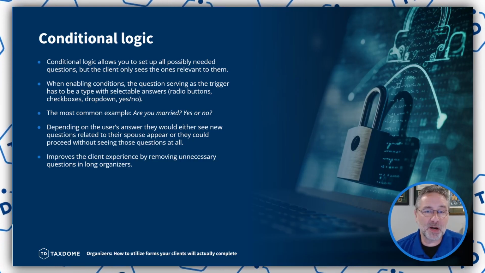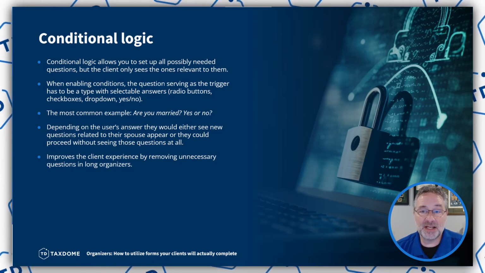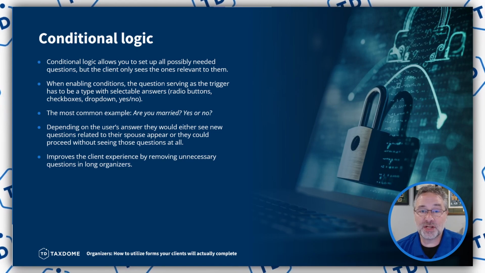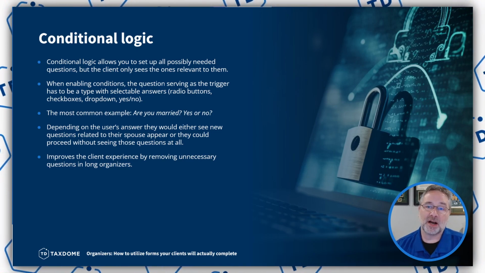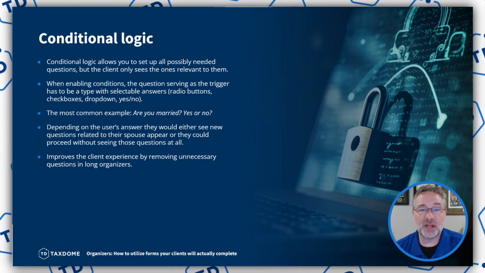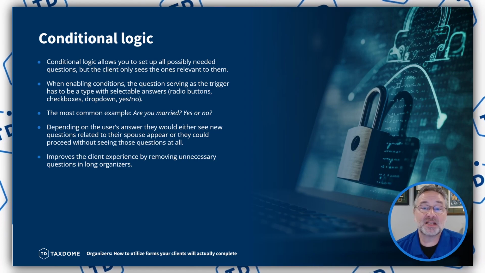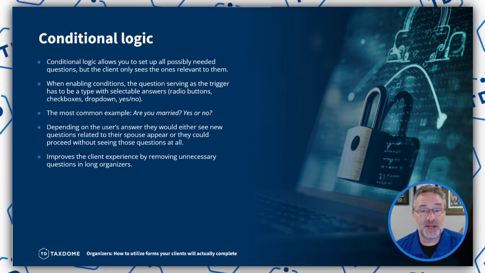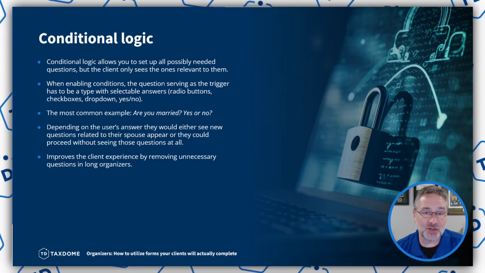There are two parts to every condition you want to set up: the actual condition and the questions and sections it affects. I brought up earlier how enabling conditions only works with question types where the client selects specific answers instead of entering their own. This is because you want other questions to appear based on certain answers.